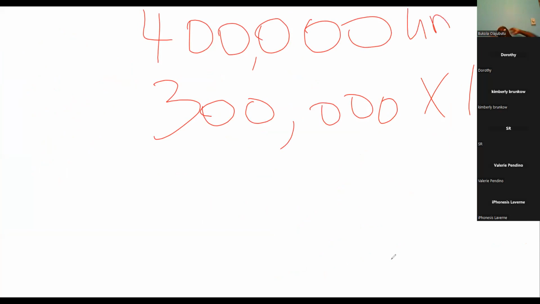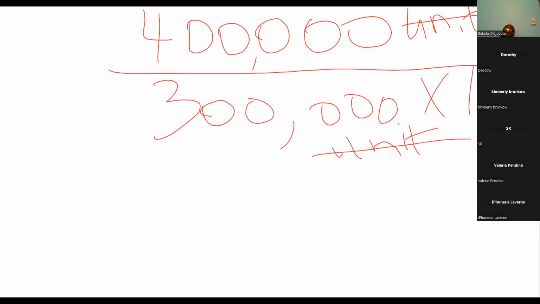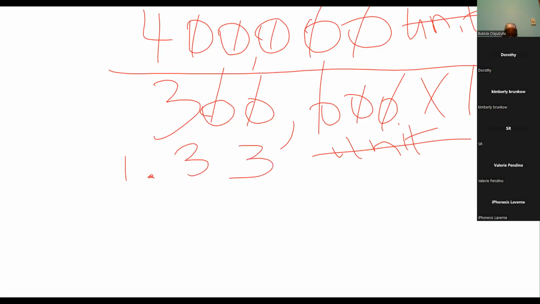This is units. This is units. This is going to cross out. You're going to be left with mLs. I'm going to cross out my zeros because I have an equal number. 4 divided by 3 equals 1.33. I'm going to round it to 1.3 mLs.